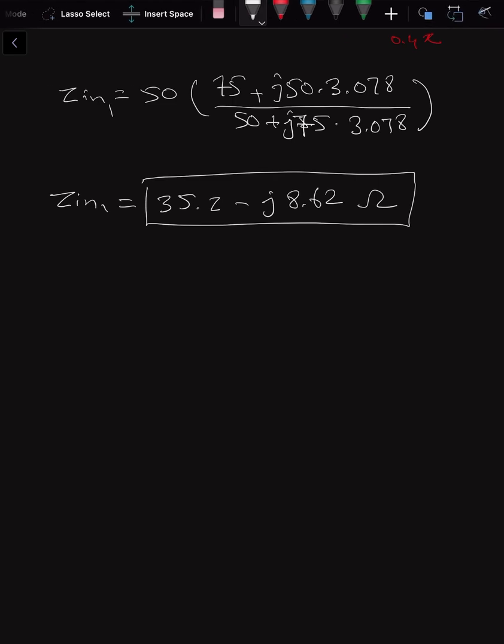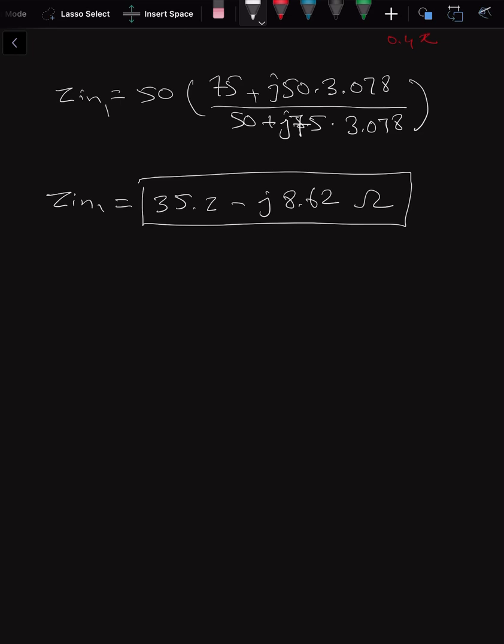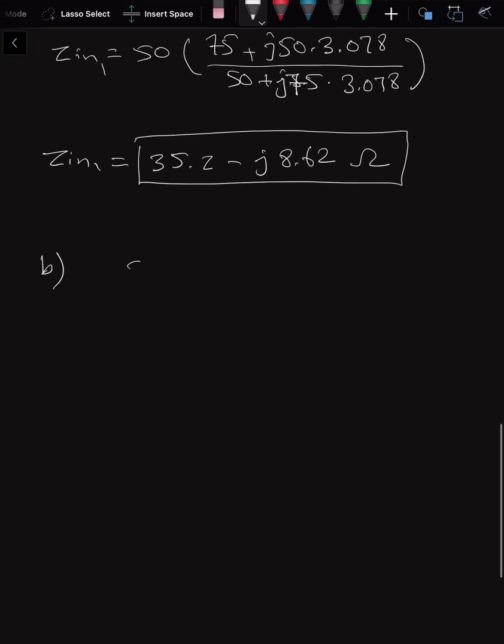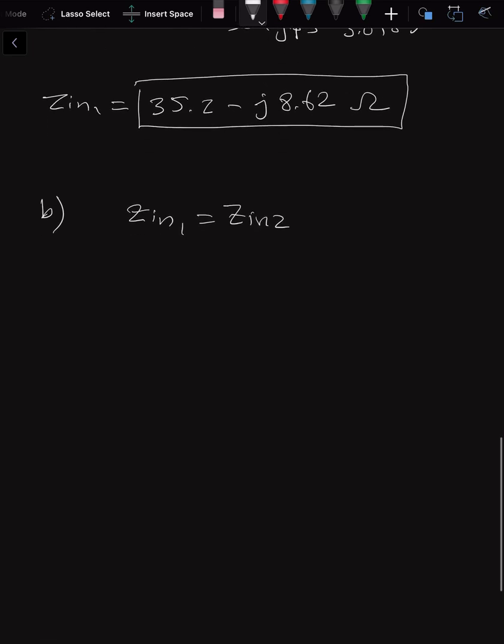To combine them in parallel, we can simply use the simple formula from our previous classes: ZL prime equals Zin1 times Zin2 over Zin1 plus Zin2. We can also take the reciprocal of each impedance and calculate that way, but this way is easier.